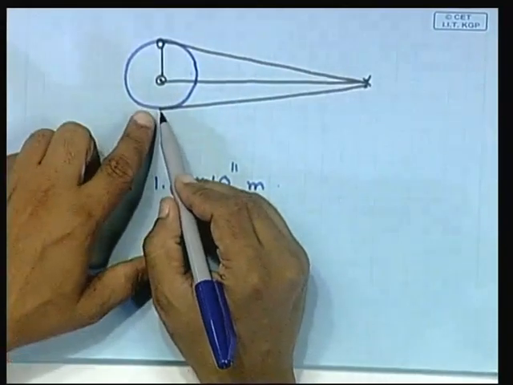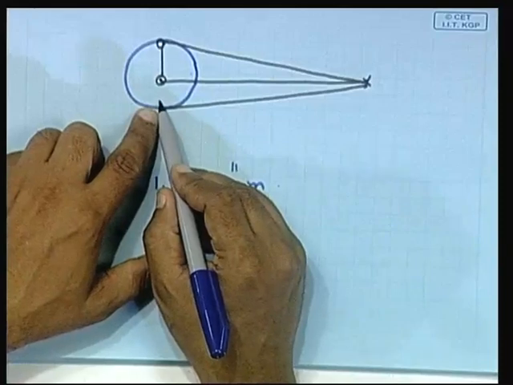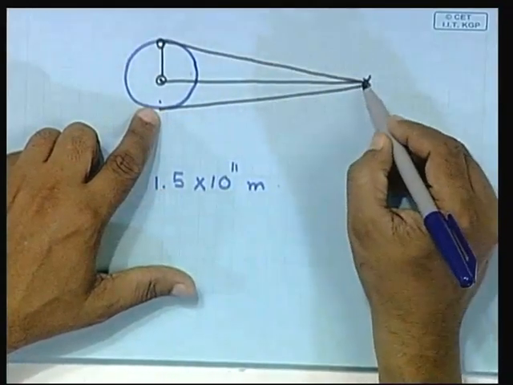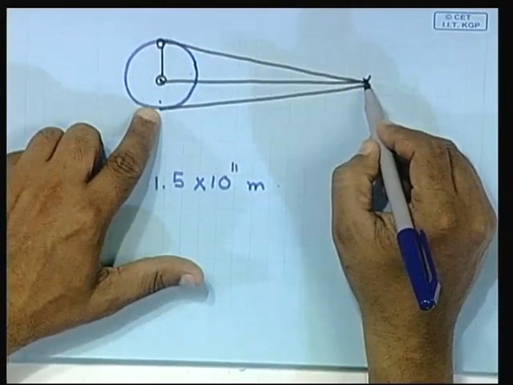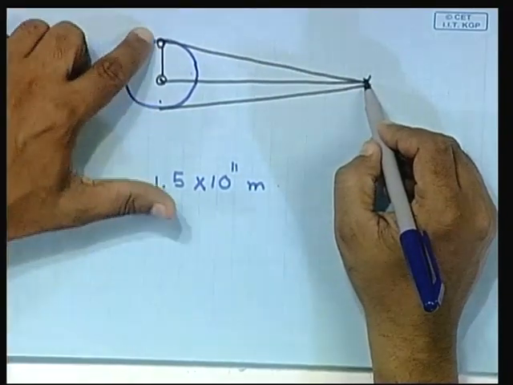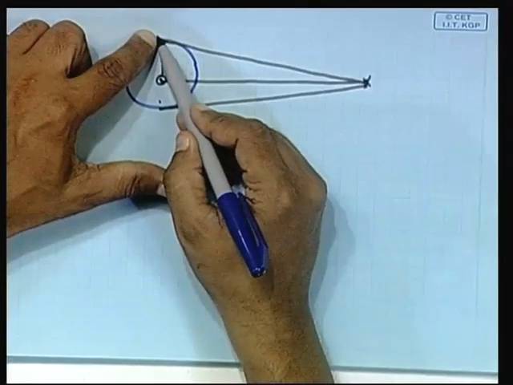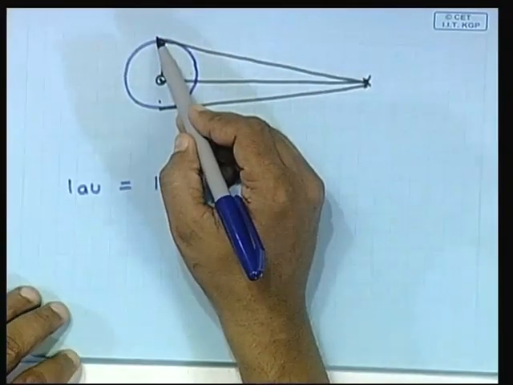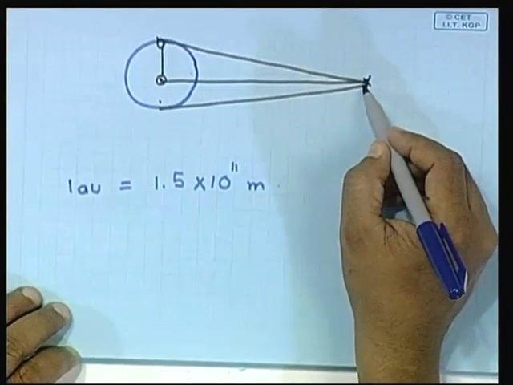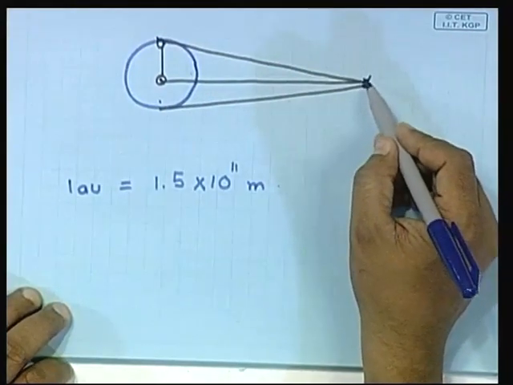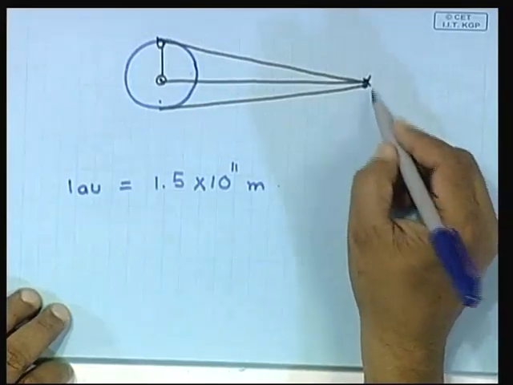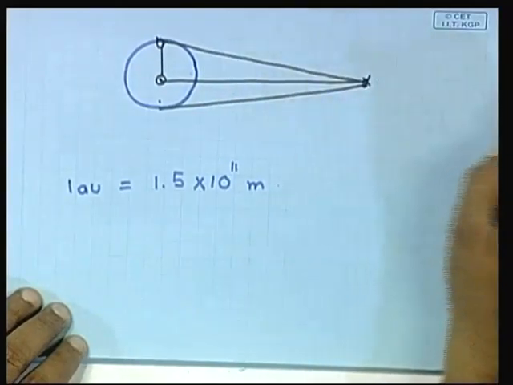When the Earth is in this position, the star appears at a particular direction. 6 months later, the Earth has moved to the other side of the orbit, and the same star will now appear at a different direction. And this change in the direction can be determined relative to very distant stars.